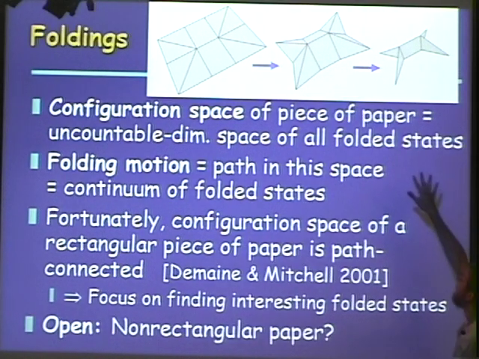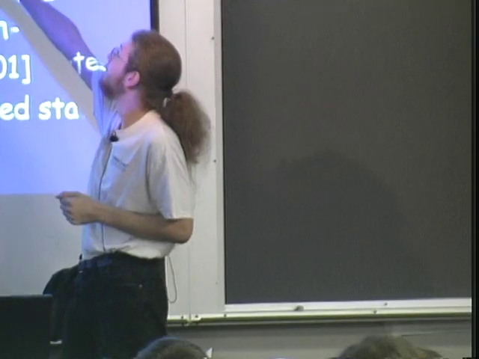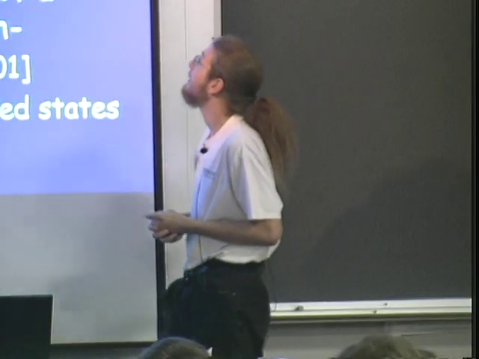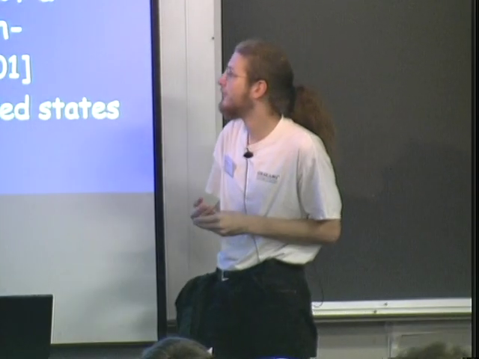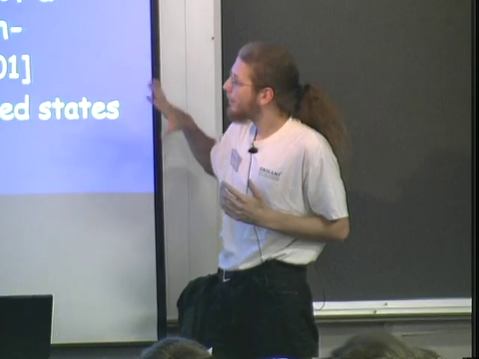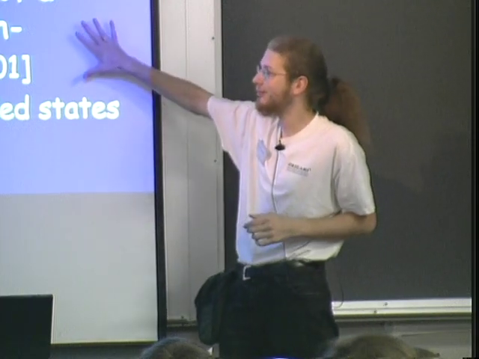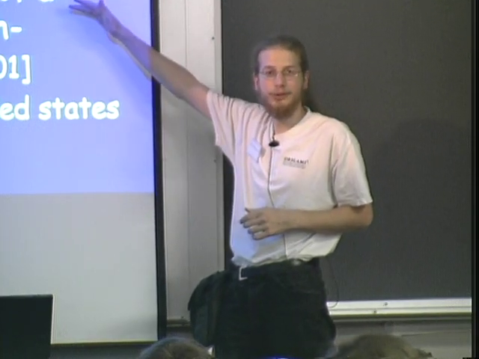So this is an example of a motion. It's very hard to construct an explicit motion of a piece of paper from one place to another. This was one paper that constructed such a motion. But you don't have to worry about it. At least for rectangular pieces of paper, it's known that the configuration space is connected.